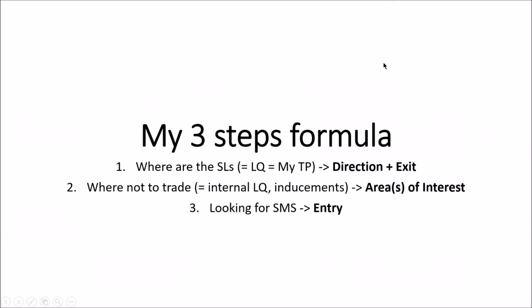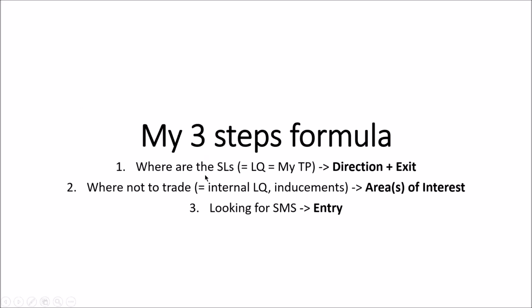So now I have tried to make a simple step formula to follow. I mean, it's not my strategy point by point, but when I thought about this, I was like, okay, what am I doing every day when I open my chart? The first thing I do when I open up my chart is I ask myself this question: where are the stop losses?